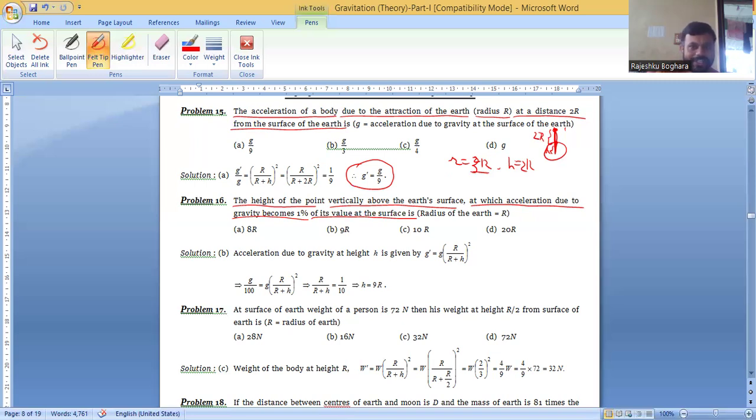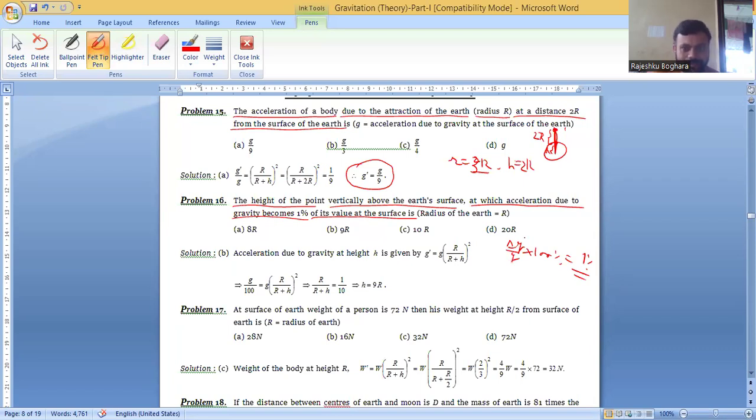Value at the surface is g. 1% चेंज होता है g. कितना? 1%. तो वो हाइट हमें देखनी है. तो here given delta g by g into 100, 1% है.